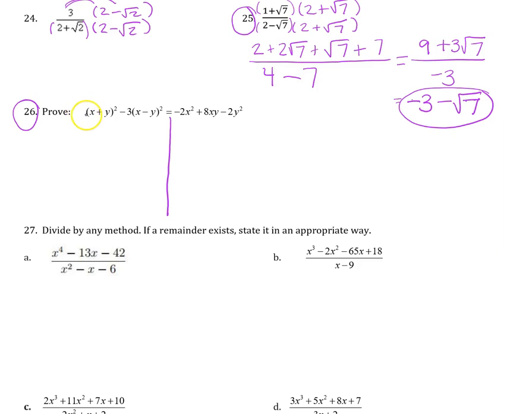So I've got (x plus y) squared. This is the same thing as (x plus y) times (x plus y). Okay, maybe I'll actually move this over a little bit just to give me some more room. Minus 3 times (x minus y) times (x minus y).